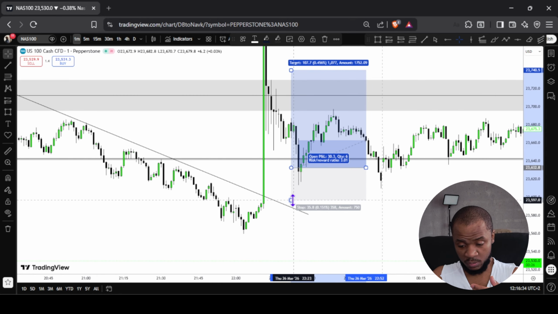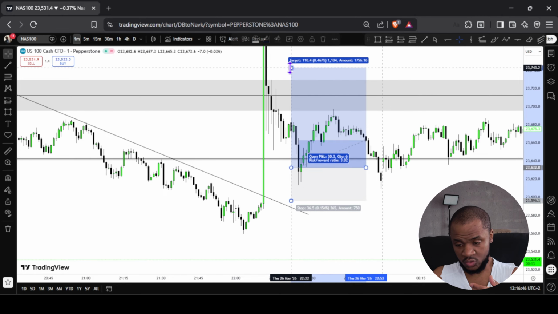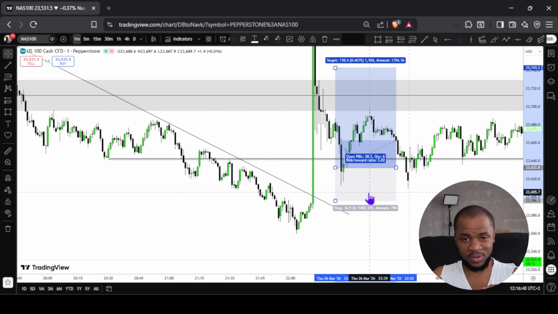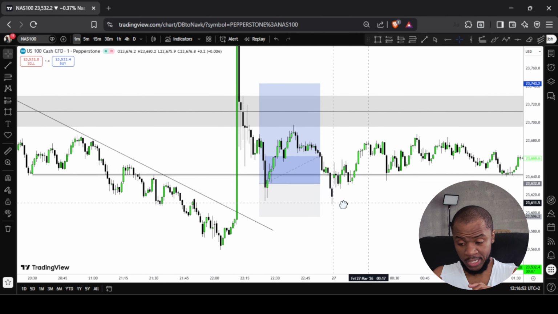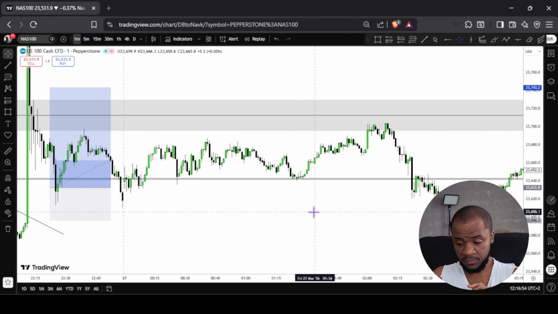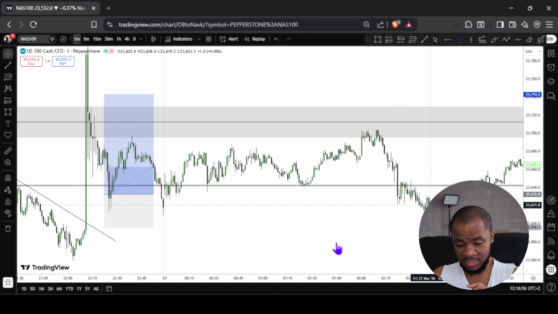Then I moved my stop loss just below this low here, and I still continued to target 1:3. So I risked roughly 40-something dollars just to make 1:3. And then the market kept on moving in my favor up until here.